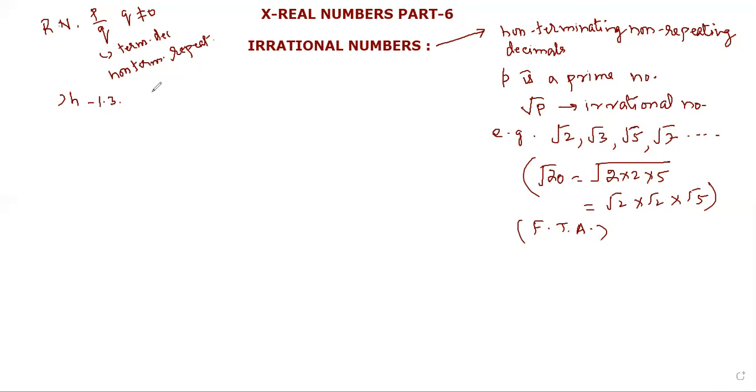So the theorem says: let P be a prime number. P can be any prime number, suppose 2, 3, or 5.